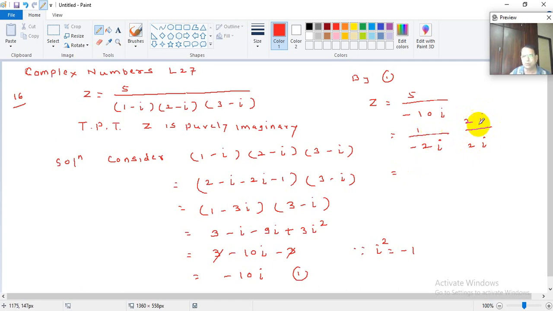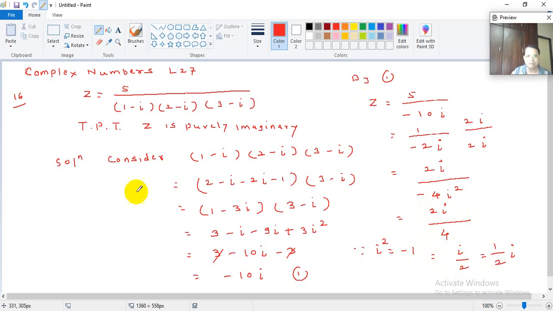So now this is 1 into 2i, so 2i, and divided by, this is minus and this is plus, so product is minus. 2 into 2, 4i squared. But you know i squared is minus 1, it is written here also. So it is 2i divided by plus 4. Okay, so that means it is i by 2. And so I can say this is 1 upon 2 into i.